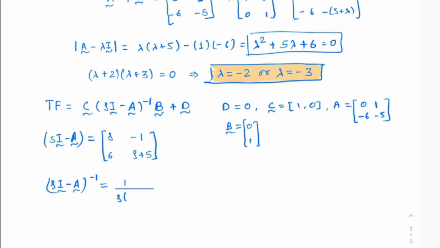So s times (s plus 5), 6 into minus 1, and there is already a minus sign, so it is plus 6, into the adjugate: we interchange the diagonal terms, s plus 5 and s, and we put a negative sign on the off-diagonal terms, so it will be 1 and minus 6.